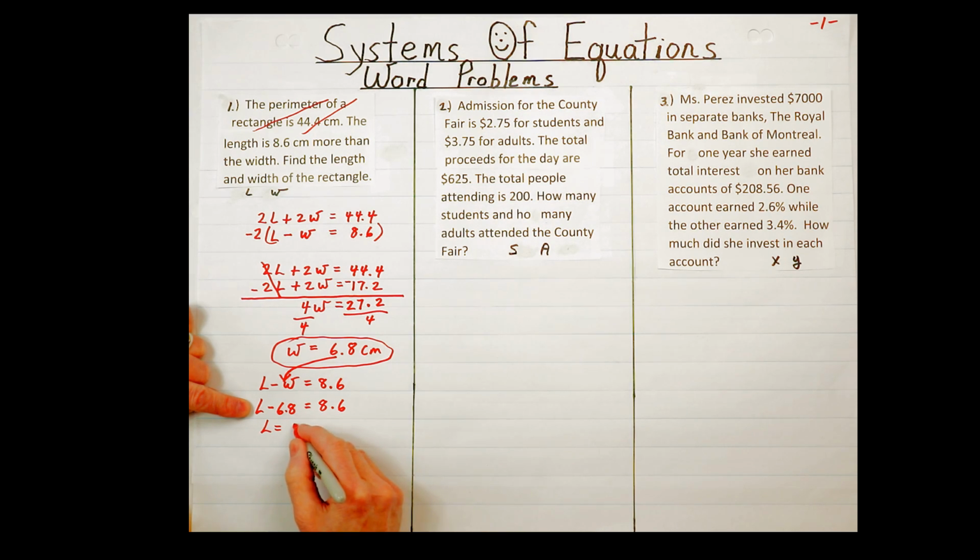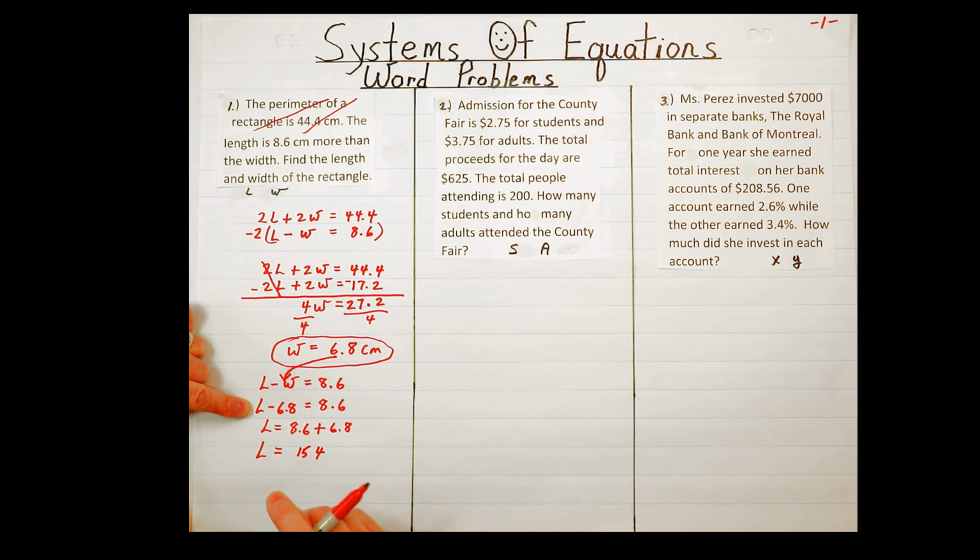L equals 8.6 plus... Remember, opposite operation, you have to add 6.8 to both sides. So the length is equal to 15.4 centimeters.